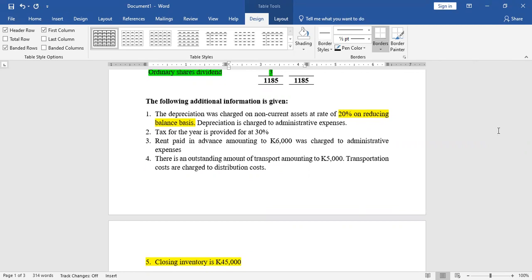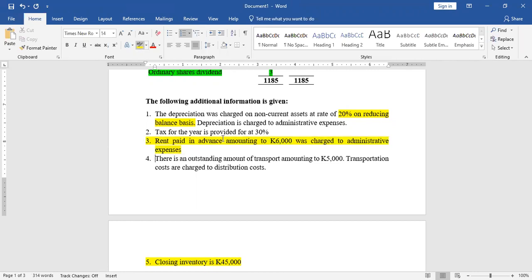So this amount is supposed to be removed from the administrative expenses because it does not relate to this period. It should be excluded because it does not relate to the period under review, which is 2021.